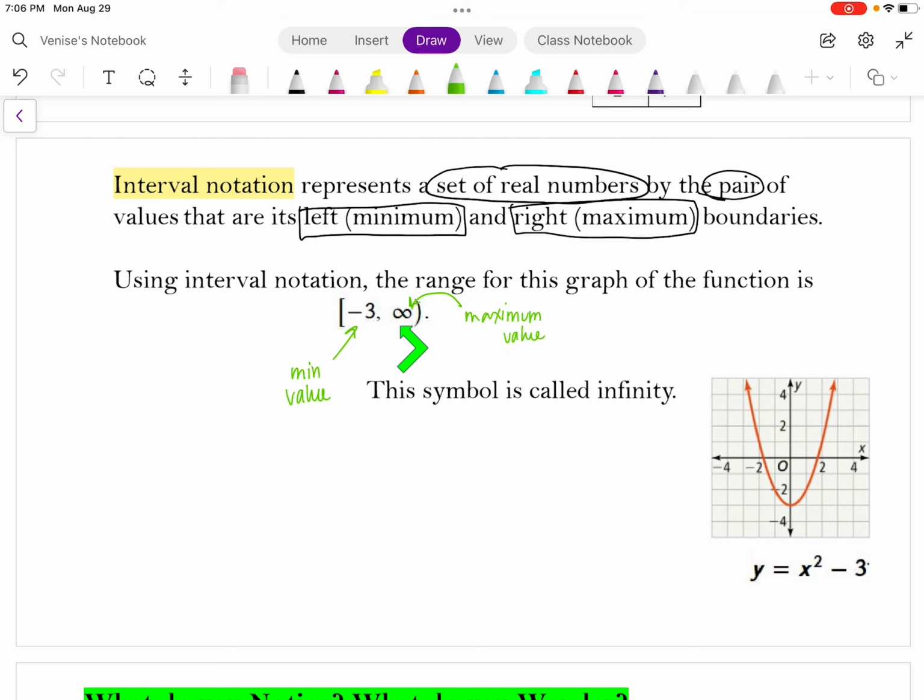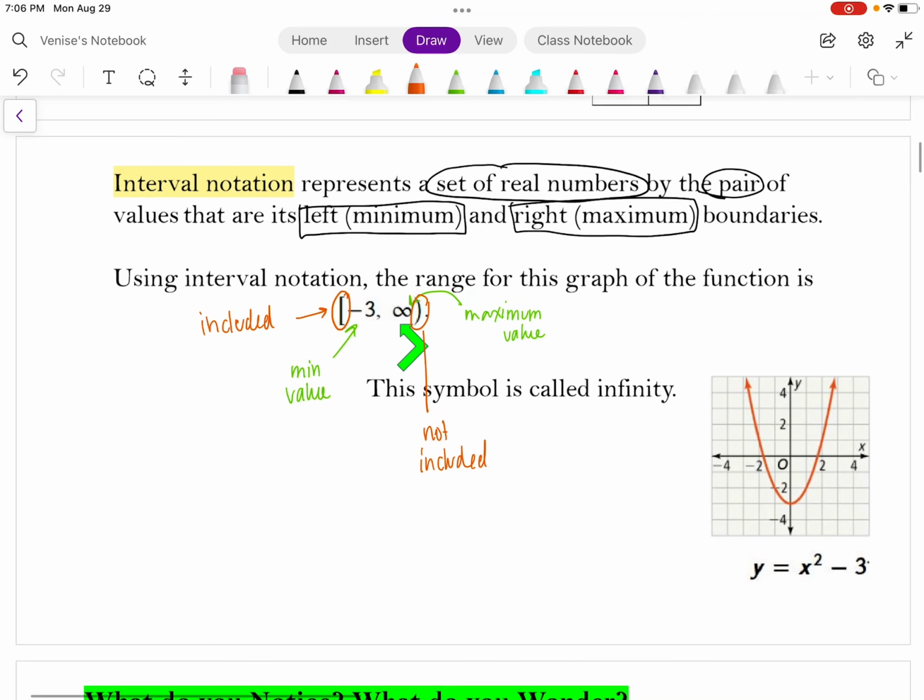This symbol right here is called the infinity sign. The bracket tells me 3 is included. The parentheses tells me it's not included. Okay, I'll explain those later. So this is the interval notation.